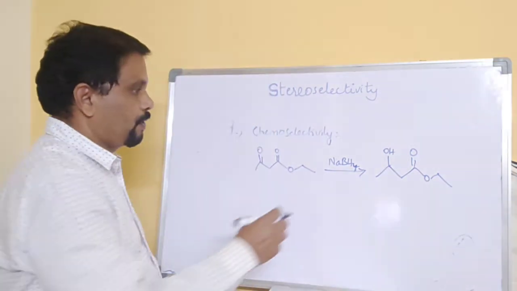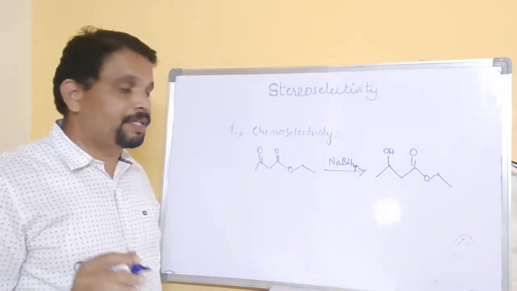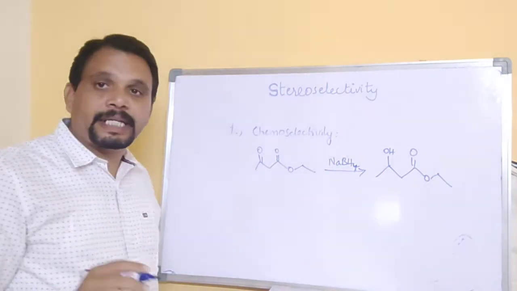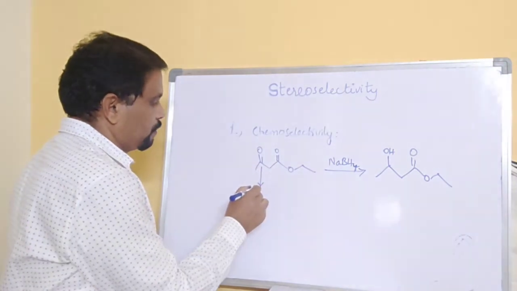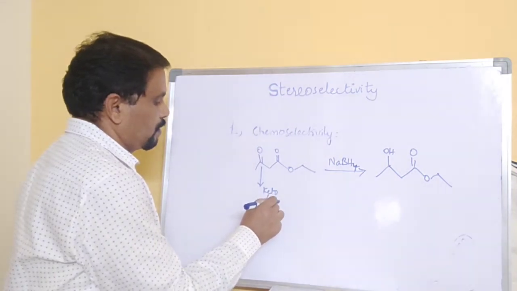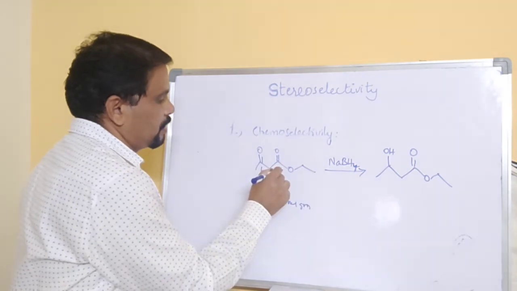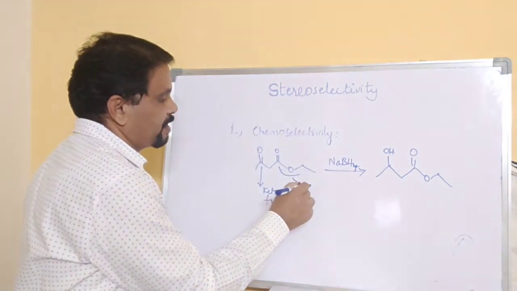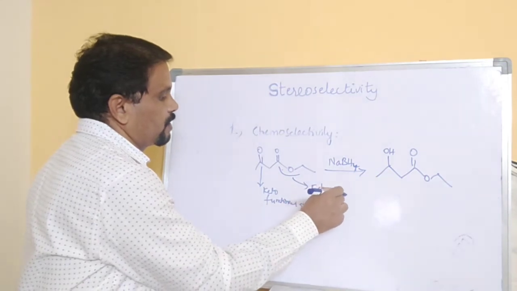Here in chemoselectivity, there are two possibilities. This is a keto functional group, and this part is an ester functional group.